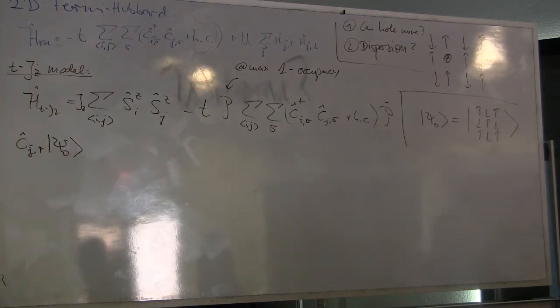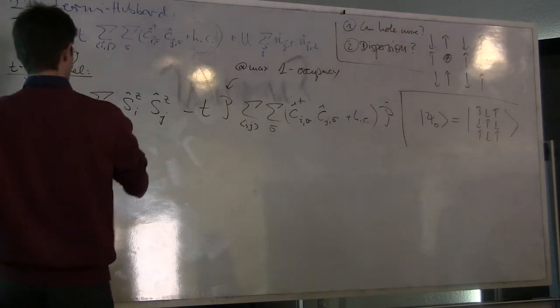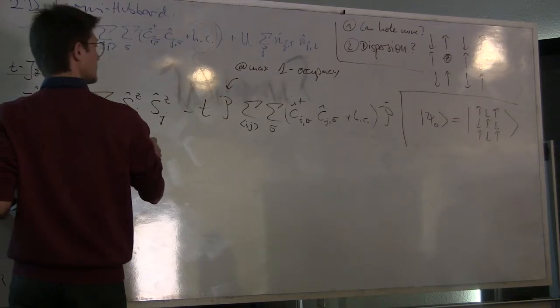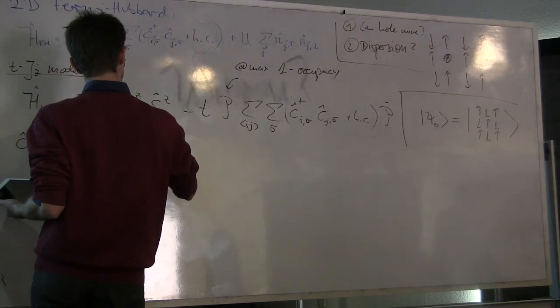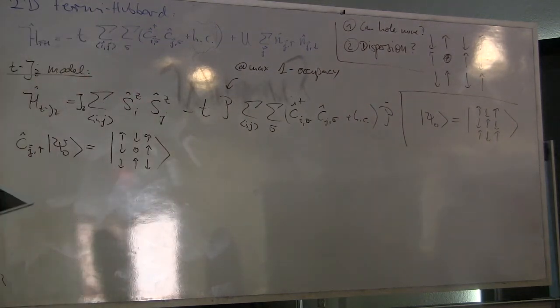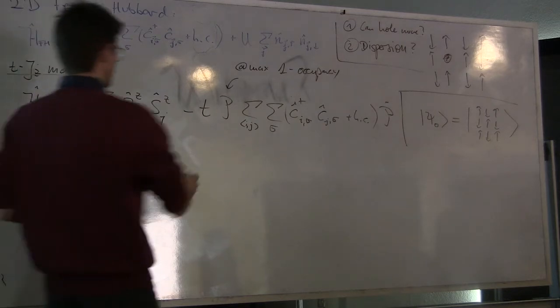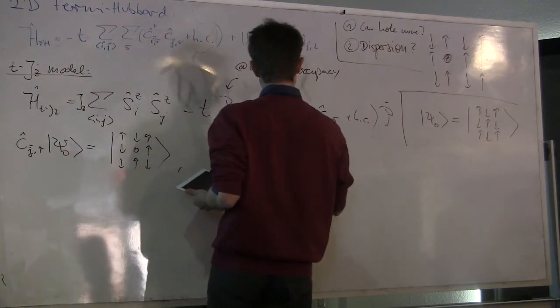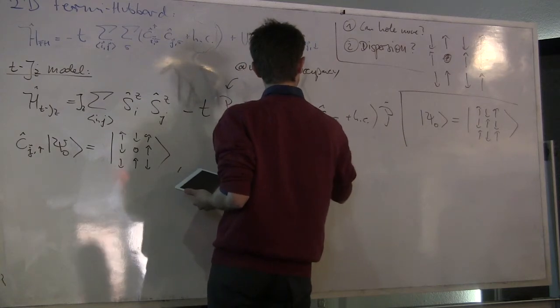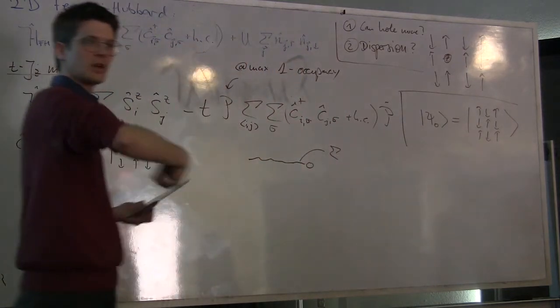So this is the state with a single hole. That's our starting point. And now we can construct one first set of states, and I will label them with this string here. Okay, sigma.